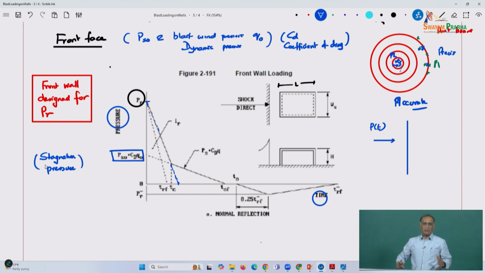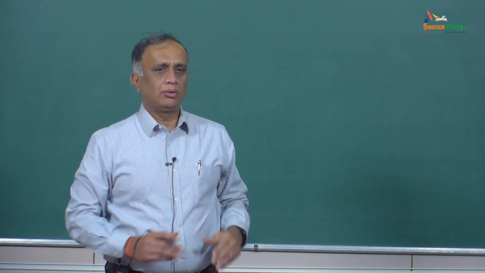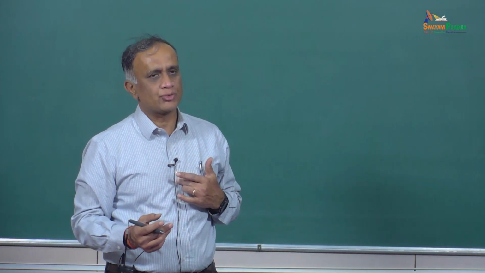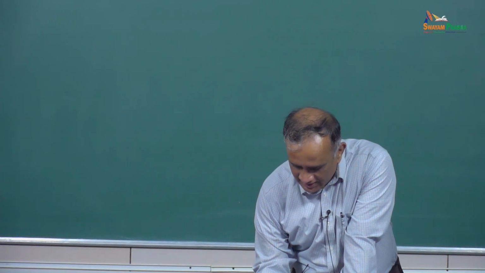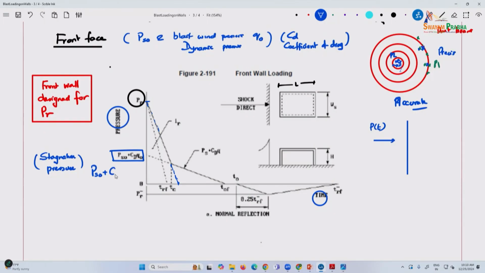Essentially, when the reflected pressure comes down to around ambient, that is what is known as the stagnation pressure. That is nothing but the side-on pressure plus your coefficient of drag multiplied by the dynamic pressure associated with it.